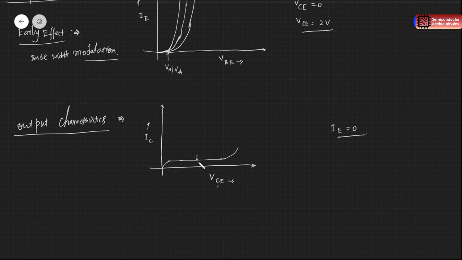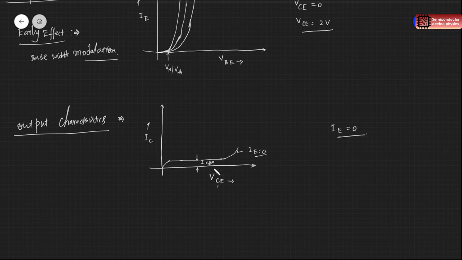And this amount of current, when our IE is equal to 0, is just the reverse characteristics of the diode, and this current is known as the reverse saturation current, which is ICBO.